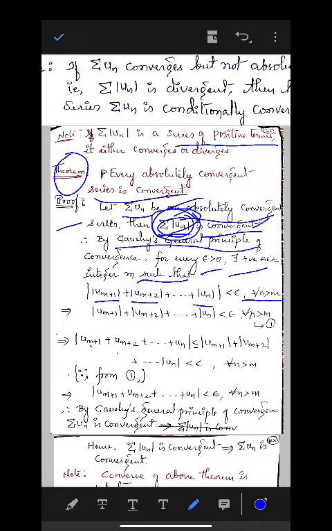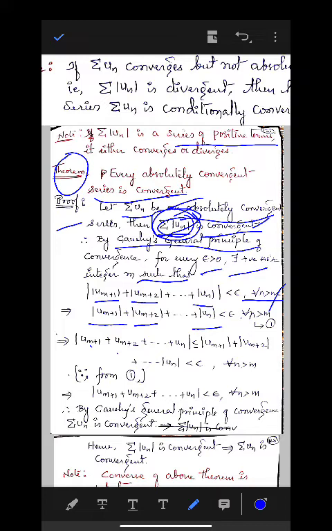And if I remove the outer modulus, then modulus of um+1 plus modulus of um+2 plus so on plus modulus of un is less than epsilon only, because all the elements are positive. So removing the modulus causes no change in this inequality.